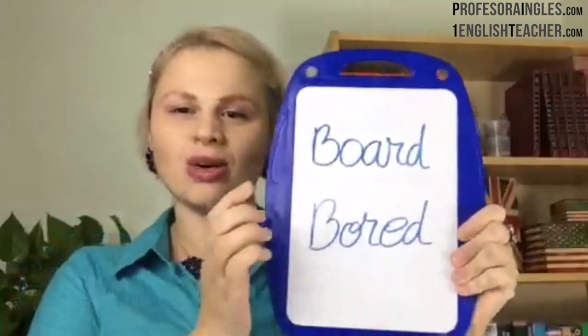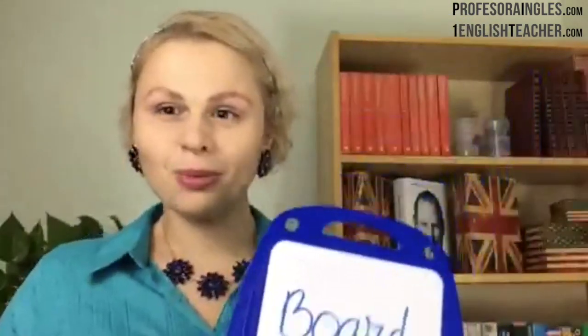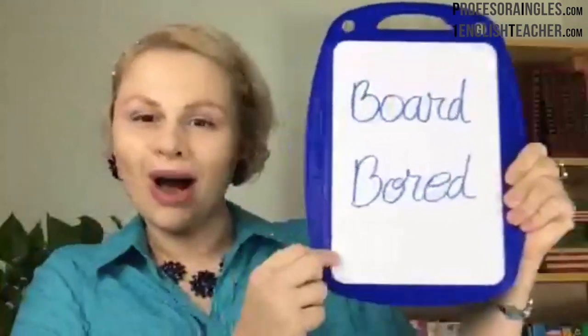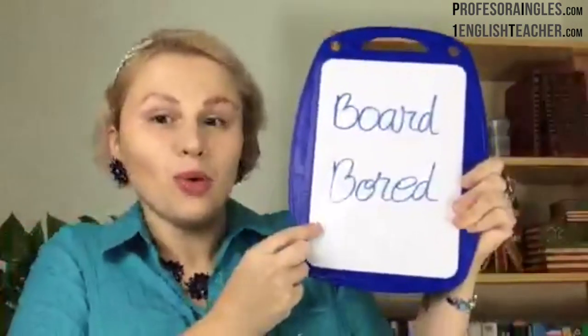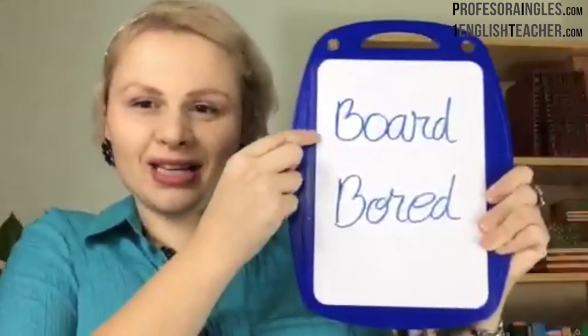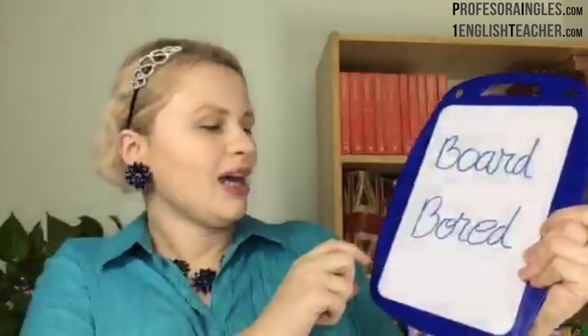So, what is a board? Maybe this is familiar. So a board, this is also a board. It can be a blackboard. This is actually a whiteboard. So we have board and we have bored. This is a noun and this is, let's say, an adjective. So I'm bored. It means that I am not having fun.